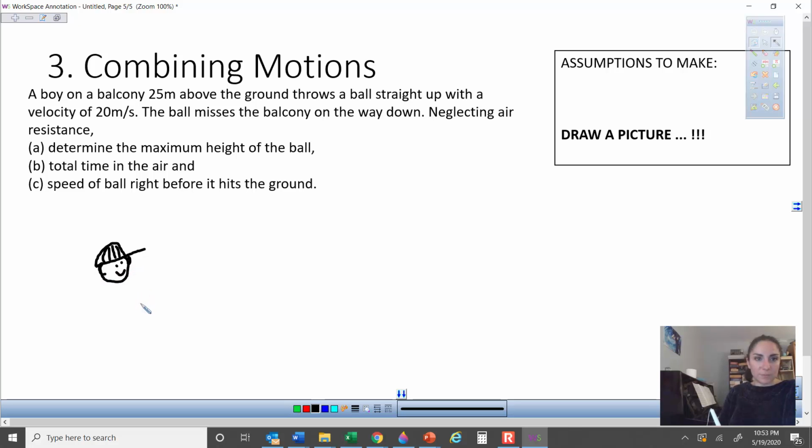Got ears. Let's see, a boy on a balcony throws a ball straight up. Oh gosh, I highly regret drawing a person. Lego person throws a ball. Red ball.